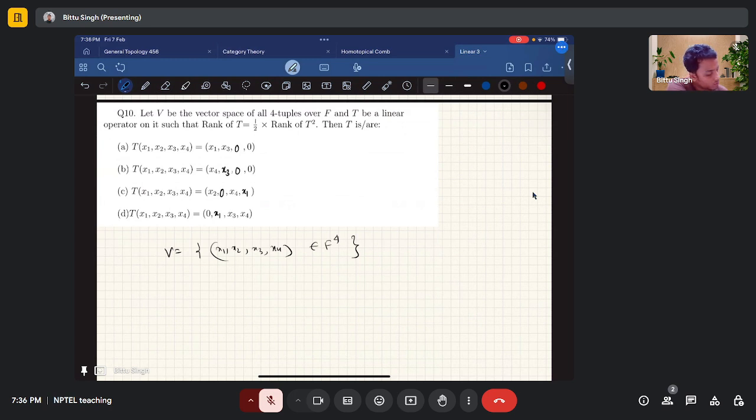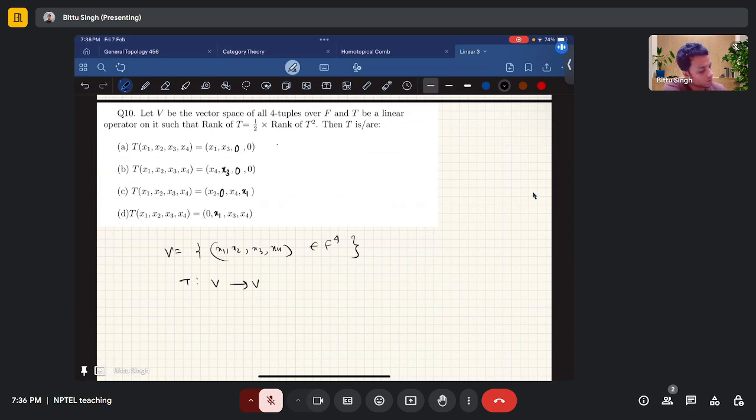So T is a linear map from V to V. There are four linear operators given. We need to find the operator for which the rank of T is the same as half of the rank of T squared.